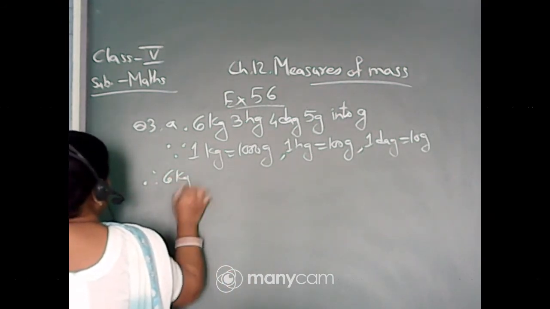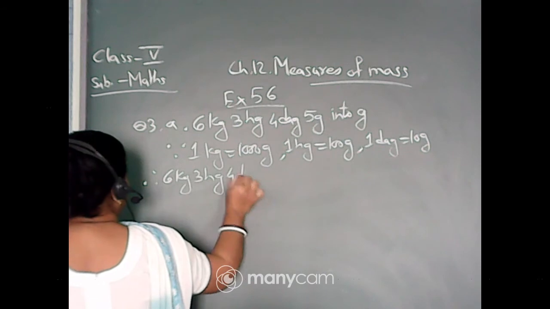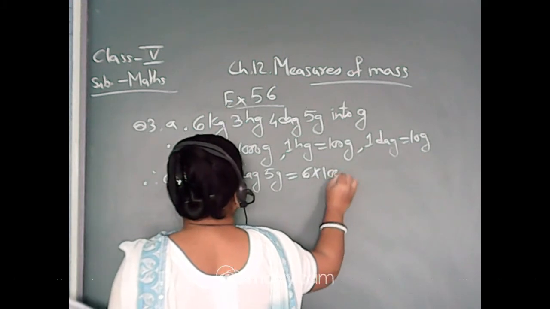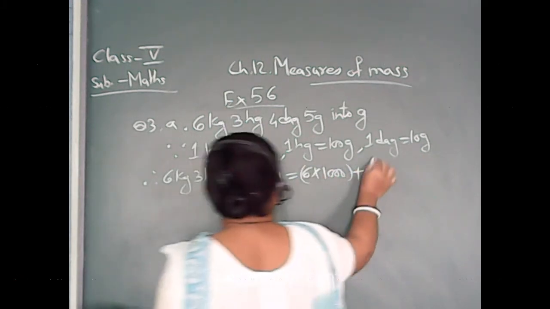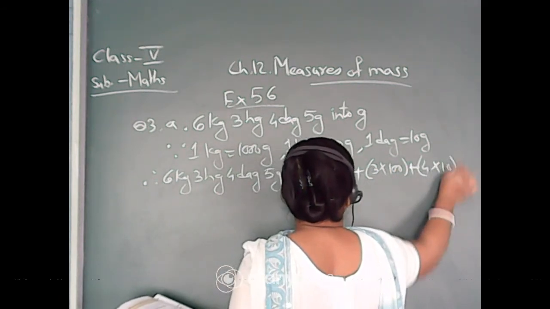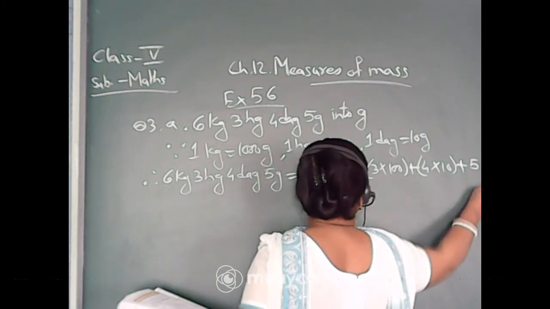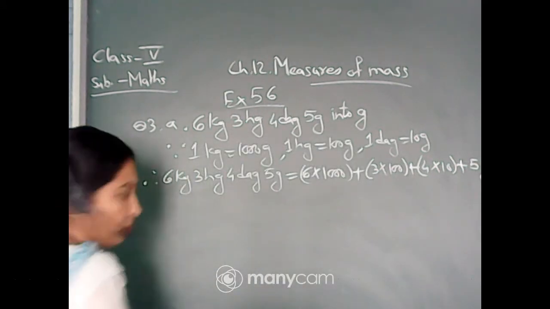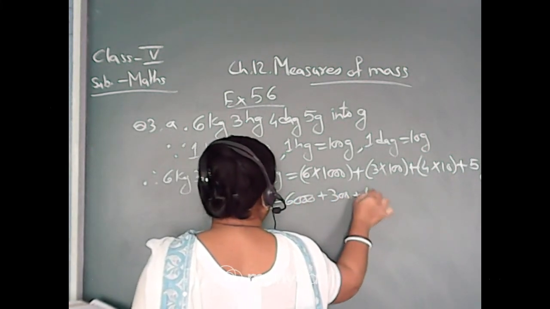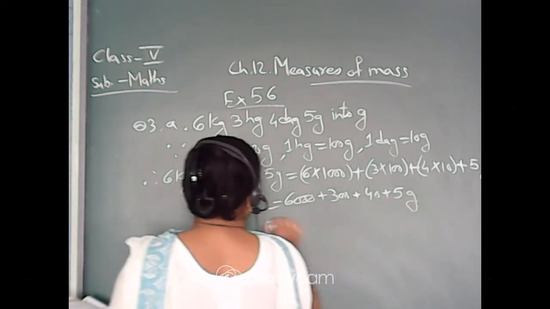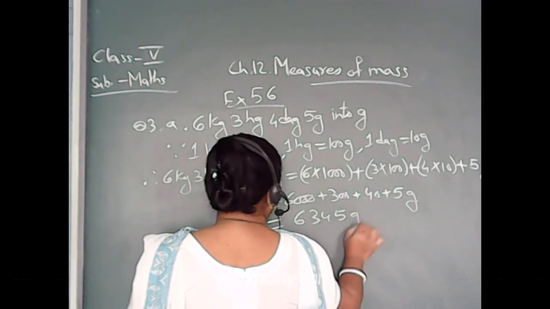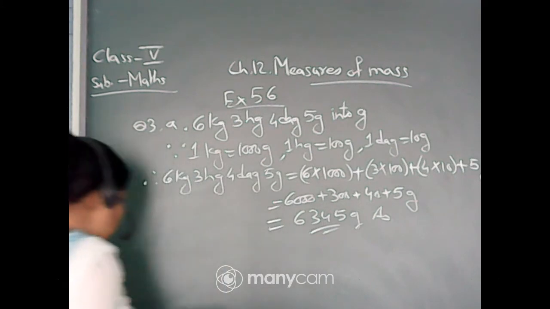Therefore 6 kg, 3 Hg, 4 decagram and 5 gram is equals to 6 into 1000 plus 3 into 100 plus 4 into 10 plus the last one is 5. This is in gram. So this will be 6000 plus 300 plus 40 plus 5 gram. So the answer will be 6345 gram. Okay. This way you will solve the other questions also.